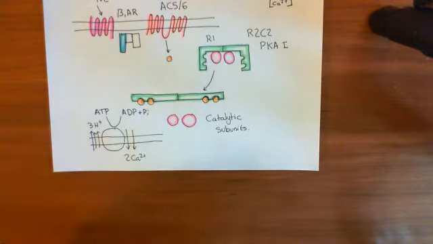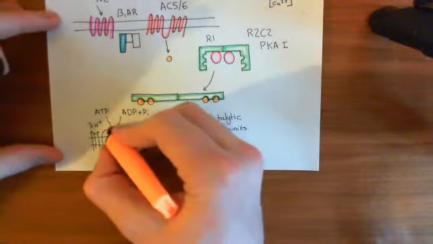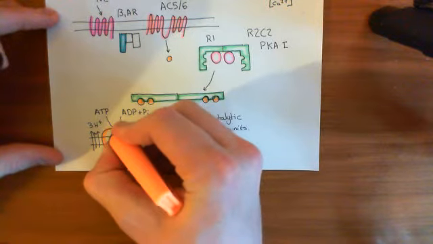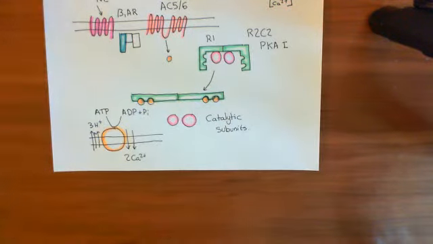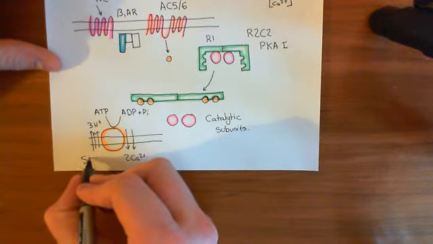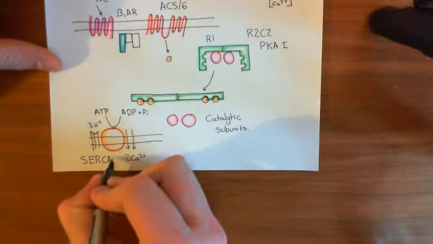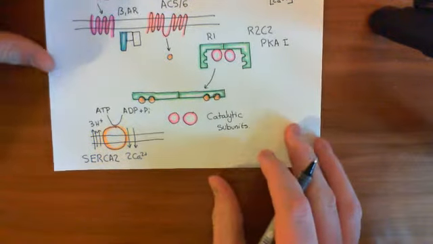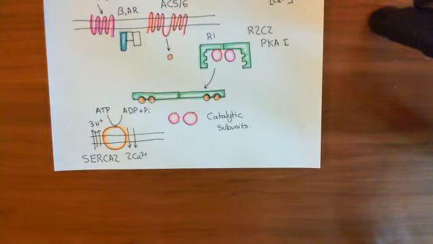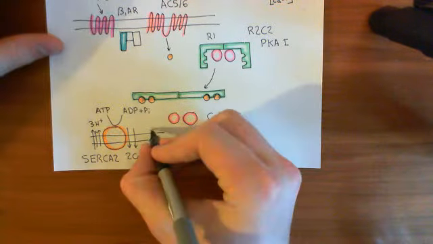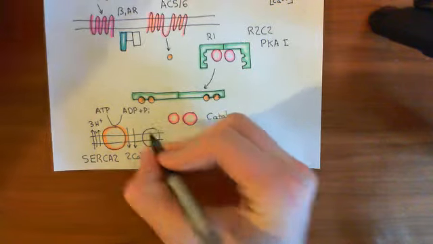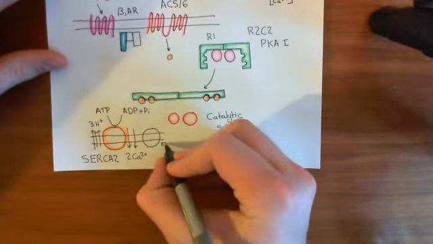Okay, so I will colour this in orange. Okay, and this is the SERCA pump, the sarco/endoplasmic reticulum calcium ATPase. And it's specifically SERCA of the second type that you find in cardiomyocytes. Right, okay, now, normally in a resting heart, in a heart that is not in a fight or flight situation and is therefore not receiving beta-1 stimulation, there is another protein here called phospholamban.